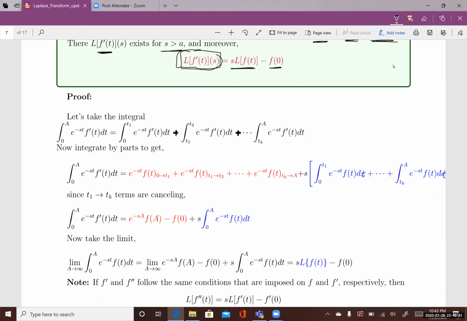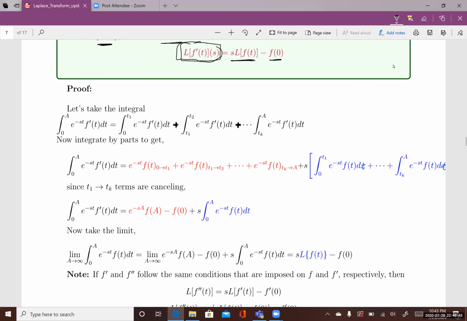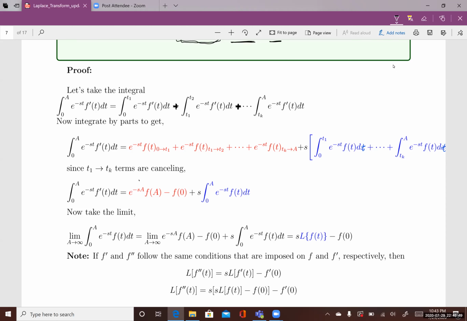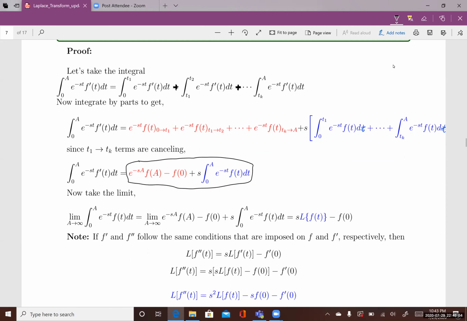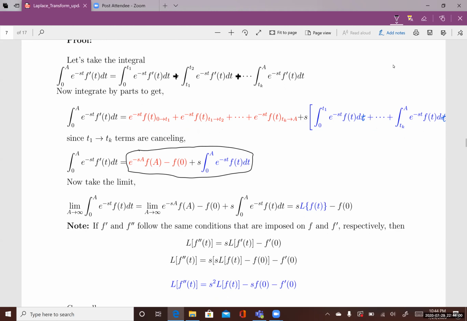Throughout the process, all the middle terms will be canceled, and only these three terms are left. The last step is just taking the limit of these three terms when A goes to infinity. The result is that the Laplace transform of the derivative of f of t equals s times the Laplace transform of f of t minus f of 0.